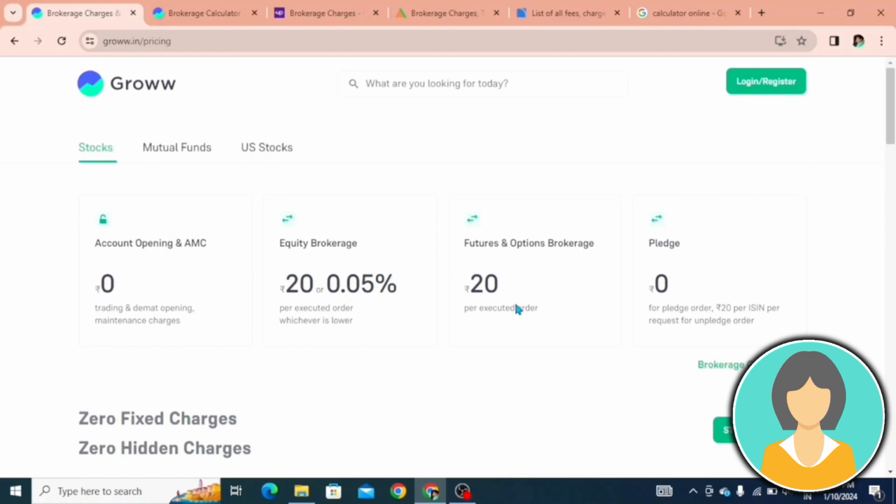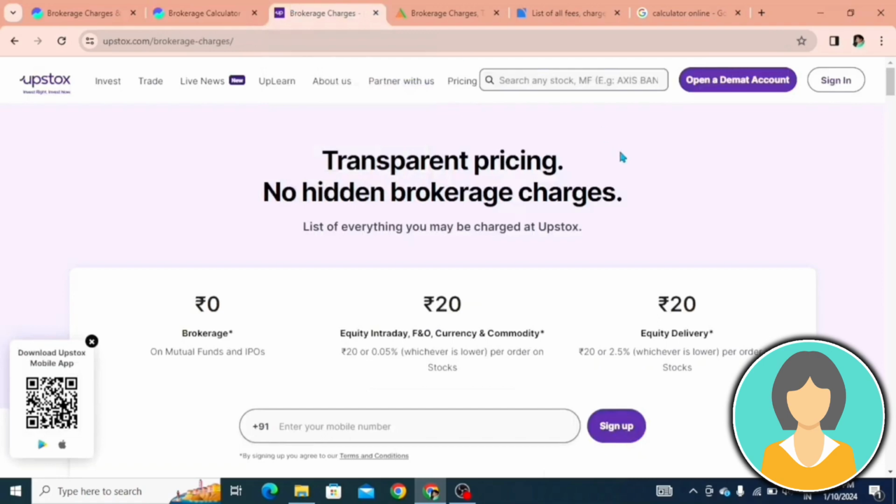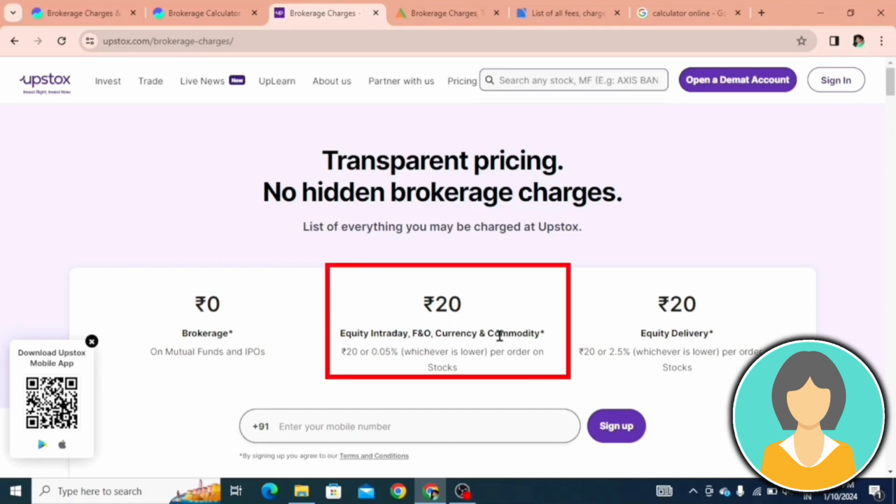Now, let's explore whether these charges are competitive with Zerodha, Angel One or another investment app, Upstox. If we open the Upstox website, we find that mutual funds and IPOs are completely free, as on Grow. Equally, charges for equity delivery, futures and options trading, currency and commodity are 20 rupees or 0.05%, making them approximately the same.